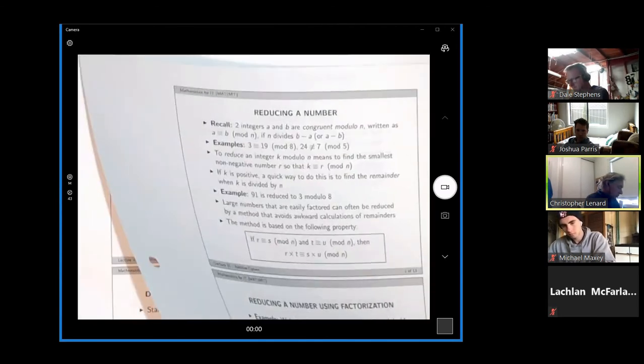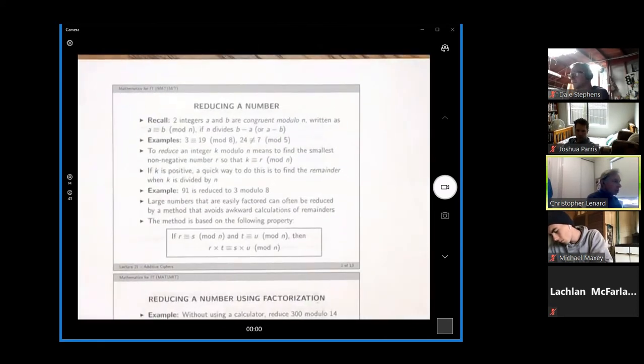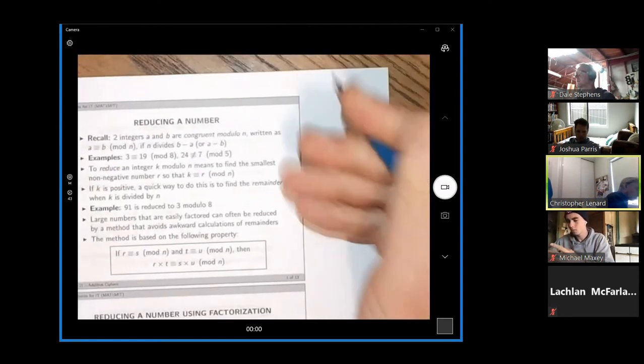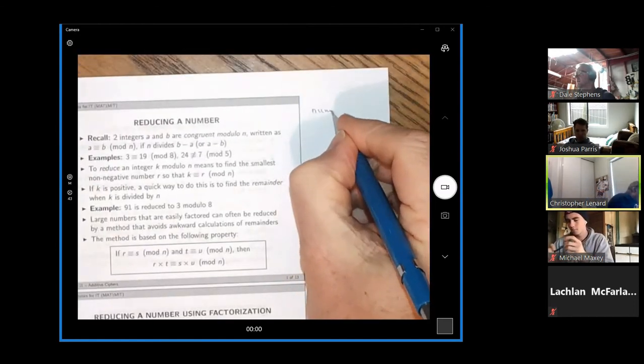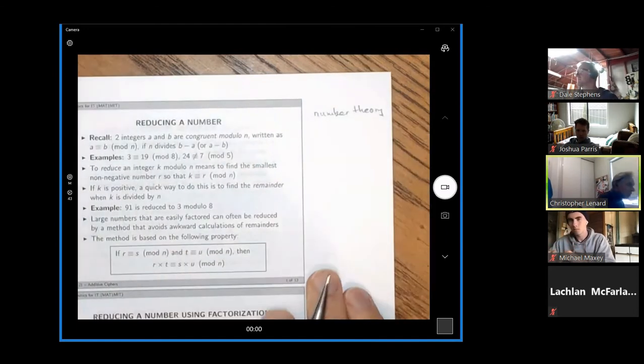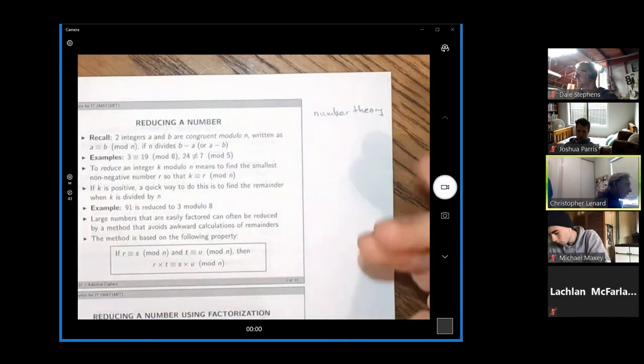So let's do this. As I said, this whole area is an area of mathematics called number theory, which is what it says. It's a theory of numbers, meaning integers.